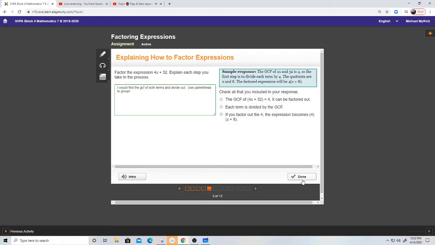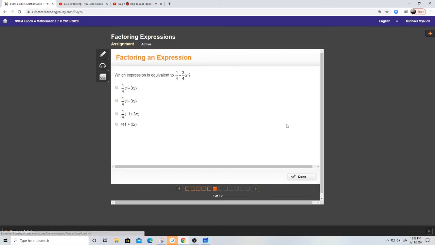They're gonna mark me wrong, but that's cool. GCF, divide it out. If you factor it out, the expression becomes... Yeah, because 4 times x is 4x and 4 times 8 is 32. Use what you know about factoring to identify the equivalent expression.